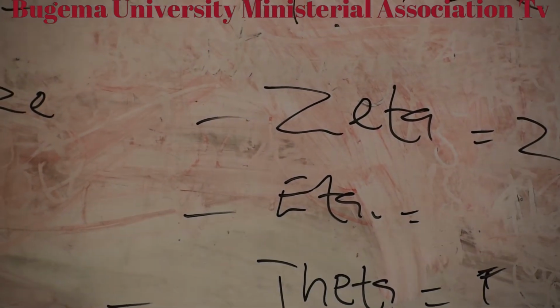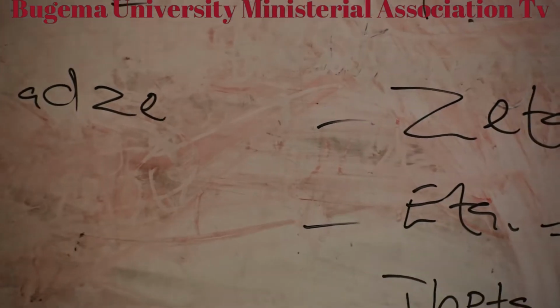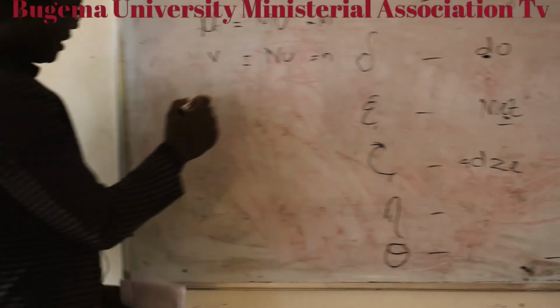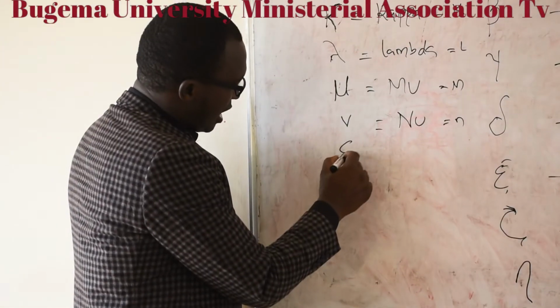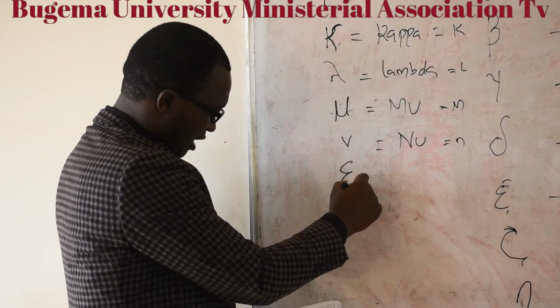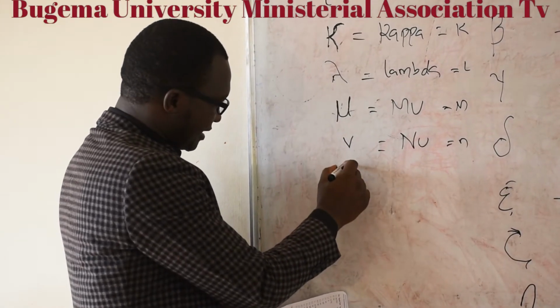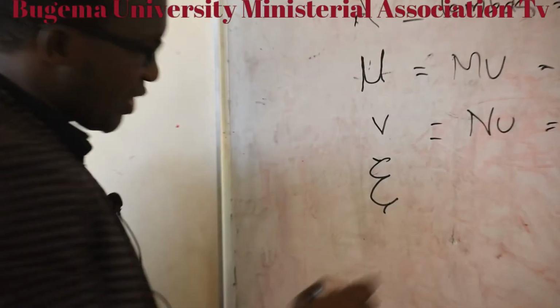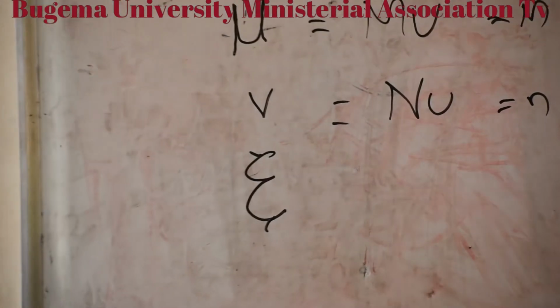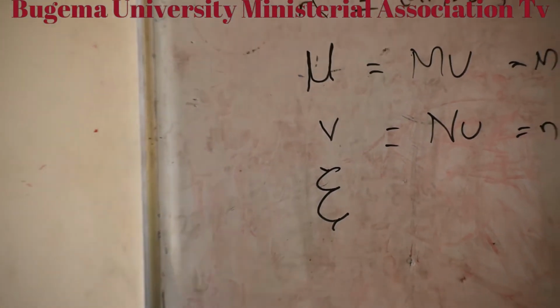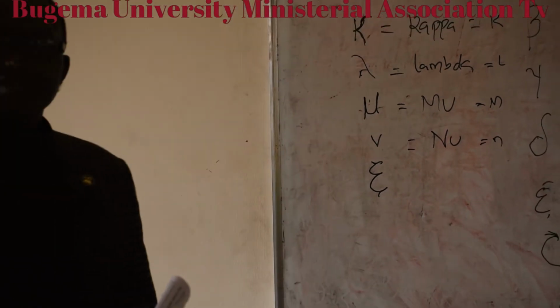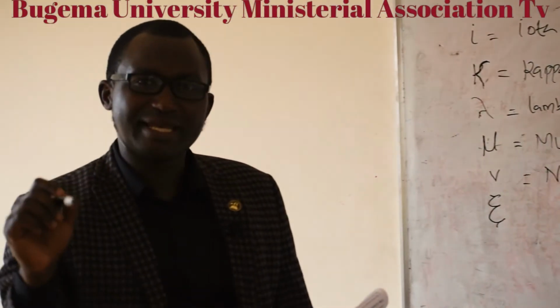We are at nu. Now the next one, after nu, we have what is called the xi. It's written like that. You have to be artistic when it reaches here. You must love art. For you to understand Greek, you must be patient. You must write slowly.